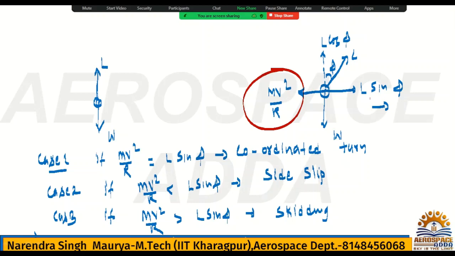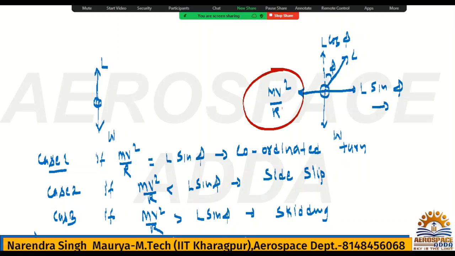So if you compare, this force is going away from the center. In circular motion you have seen this force. If you resolve the force horizontally, L sin phi is equal to mv square by r.